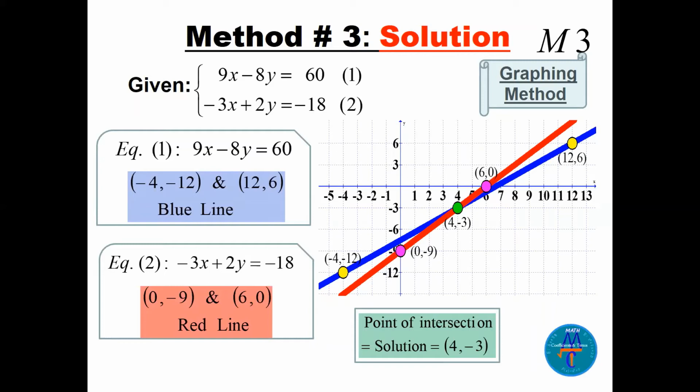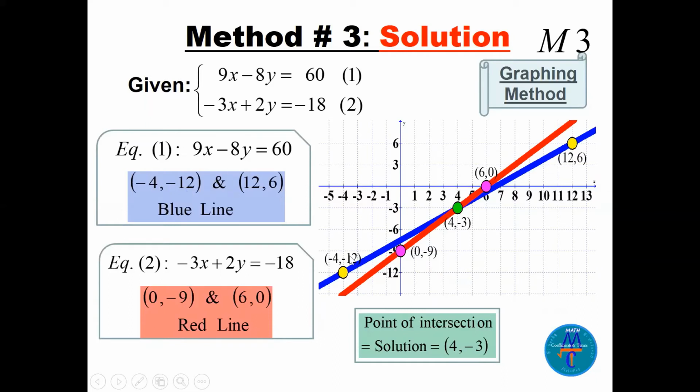It looks very nice with colors here, I think. So I get here 9x minus 8y is equal to 60. This is M3, the graphing method. Minus 3x plus 2y is equal to minus 18. I take equation 1 and then I find 2 points. If I replace x by minus 4, solve for y, y will be minus 12.